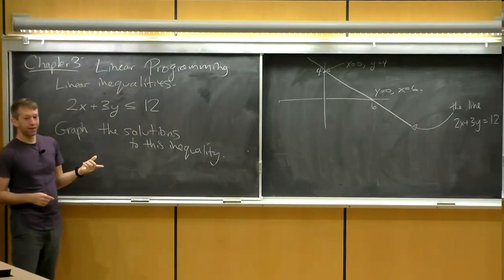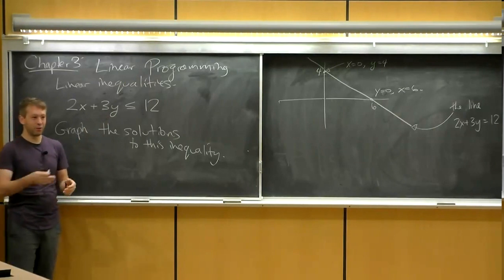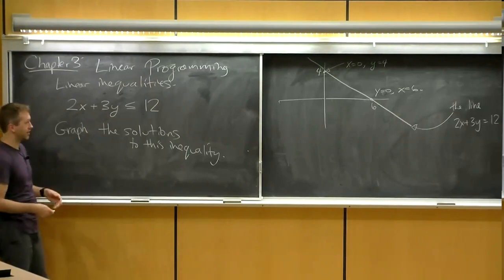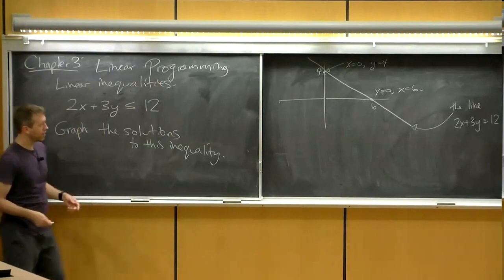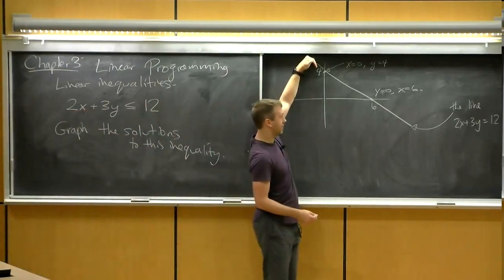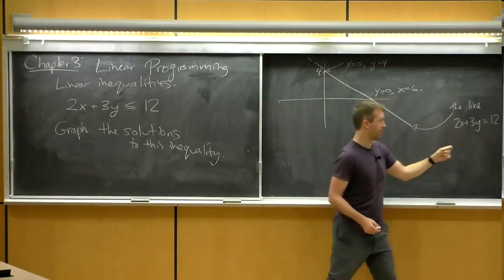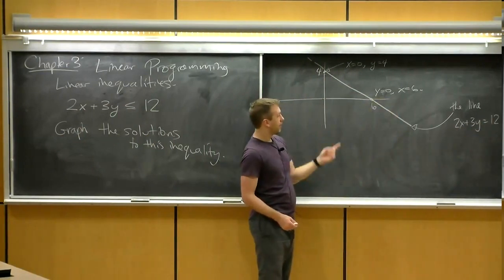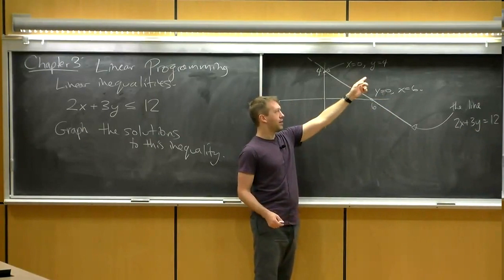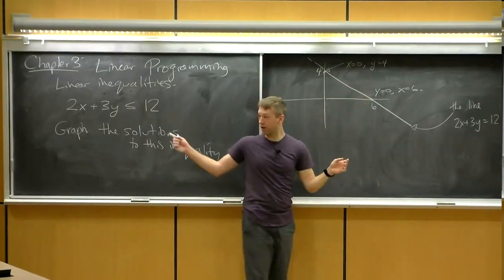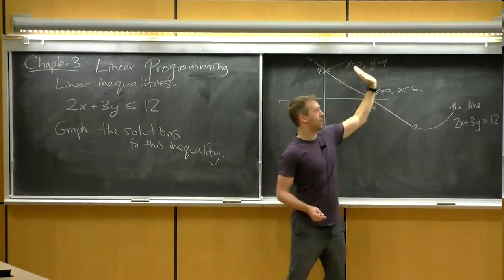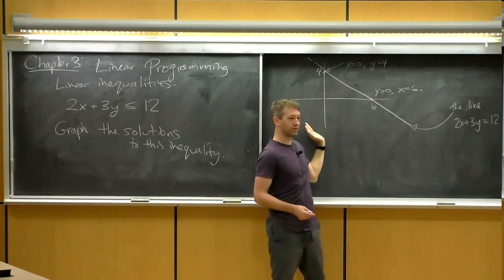Well, okay, here's the trick to figure out which side is the solutions. I've got this line here, the line 2x plus 3y equals 12. I want to know, are the solutions to this inequality from this line upwards or from this line downwards?